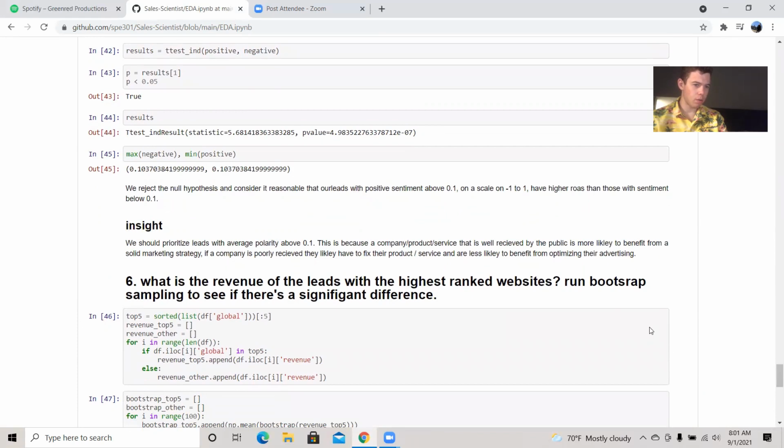So the idea is to avoid leads with negative sentiment, because that means they're less likely to benefit from the service. In which case, we don't want them buying it because it will make the company look bad.